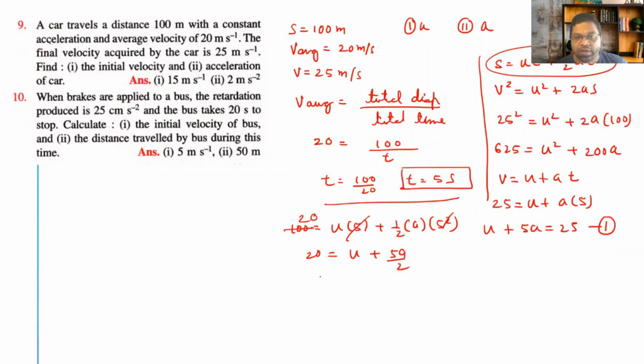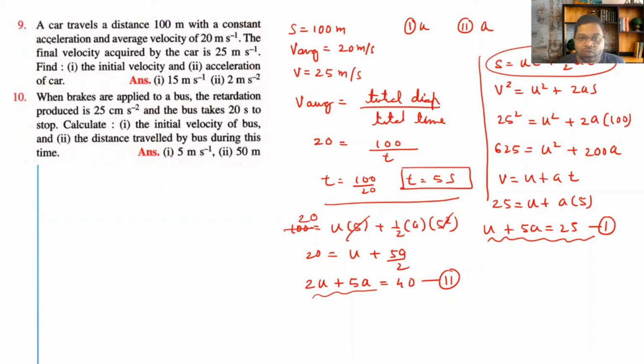Now this can be written as 2u plus 5a equal to 40. So now you have got two equations, one is this and one is this, and you can use them simultaneously to get the answer for u and a.